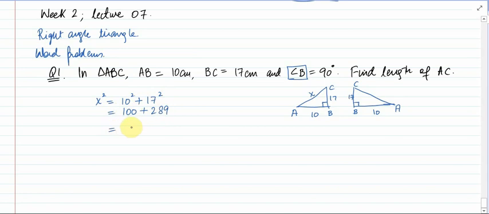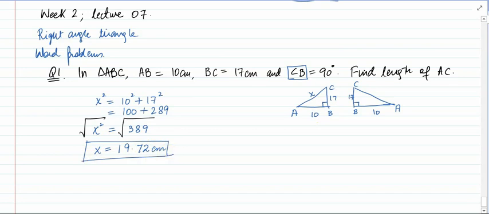So 100 plus 289 will be 389, equal to x square. Now we need to take the root. So root of 389 will be 19.72, right? And let's say all the lengths are in centimeters, so our final answer will be in centimeters as well.